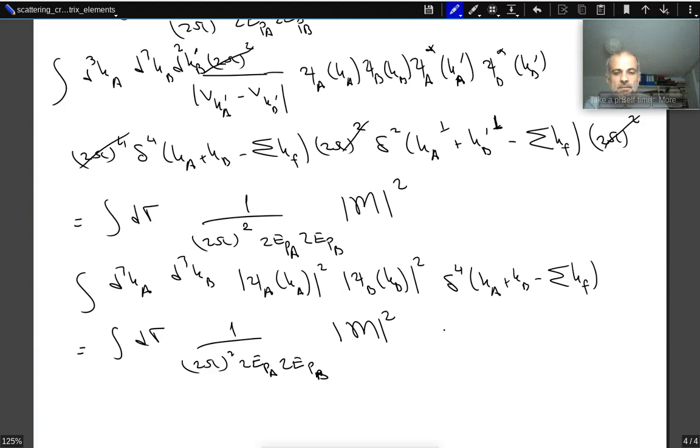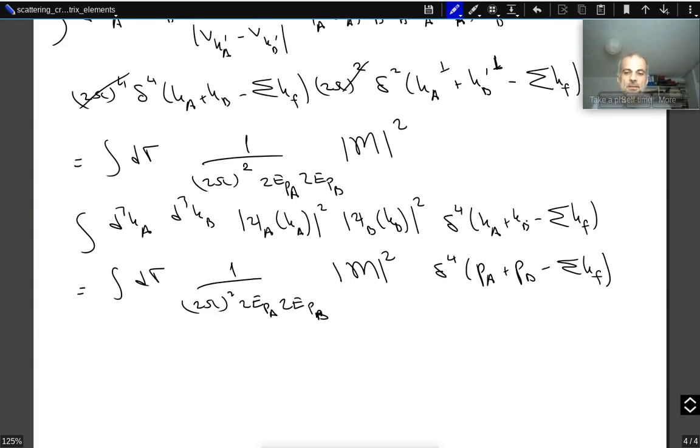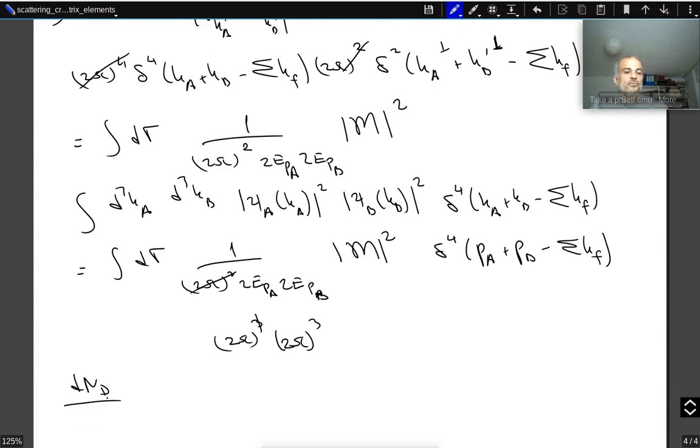So I have this Dirac delta to the 4, pa plus pb minus kf. And if I make that approximation, then again here I have ψa of ka squared integrated over ka. That just gives me a (2π)³, and similarly for the kb integral, that's (2π)³. So this cancels 2 of these.